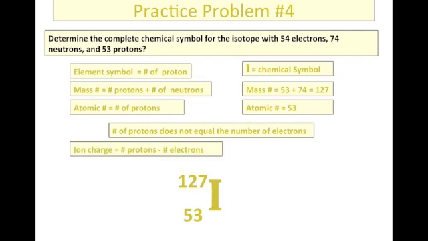To calculate the charge, you will subtract your electron numbers from your protons. This isotope has 54 electrons subtracted from 53 protons, which gives it a charge of 1 negative. This would be the complete chemical symbol for this isotope.